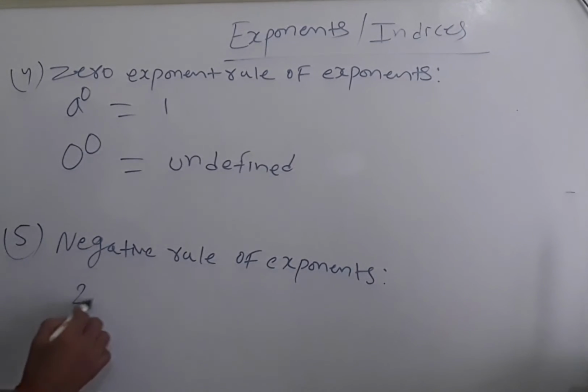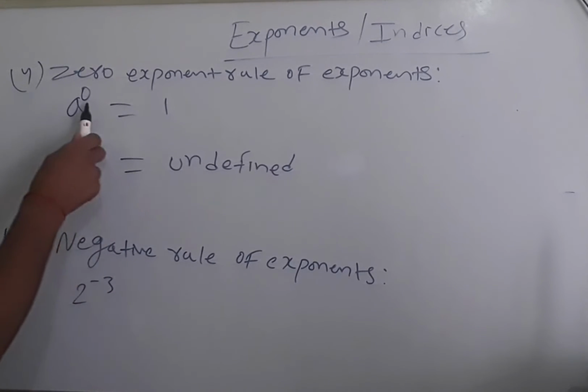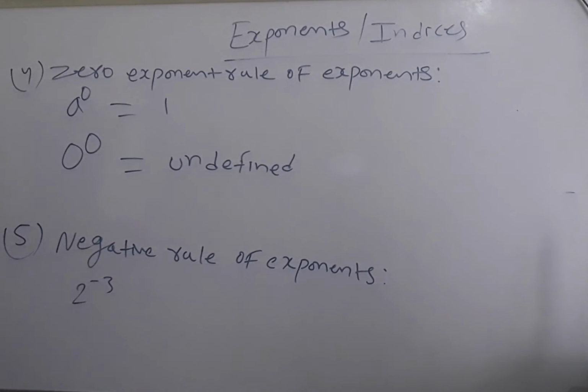For example, when you have 2 to the power negative 3. We have dealt with positive real numbers as the exponent, and we have dealt with 0 also, but now we're going to deal with negative exponents. How do you deal with negative exponents? It's pretty simple.